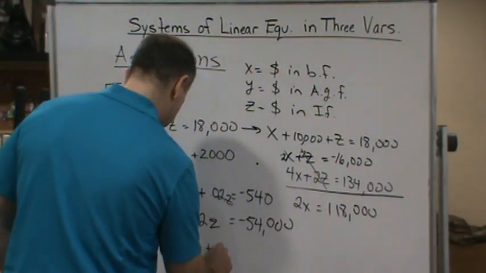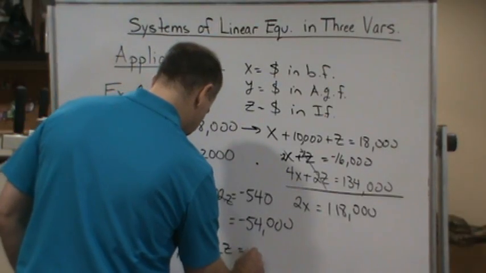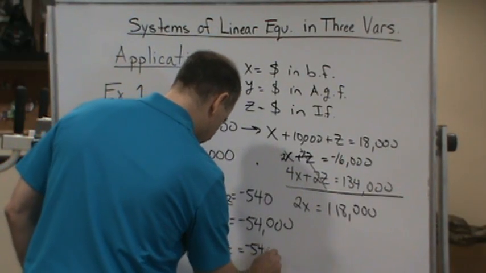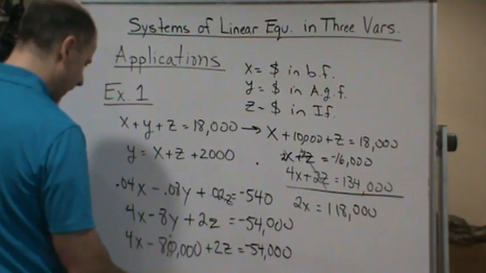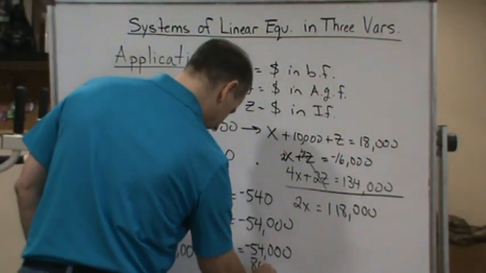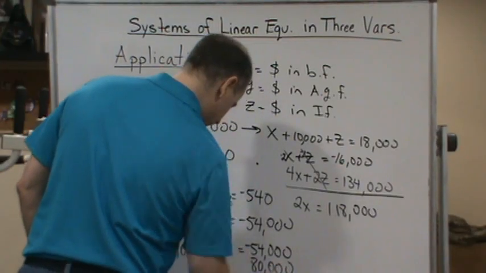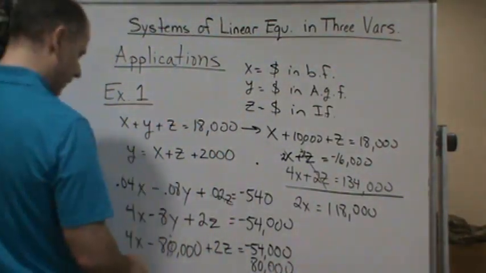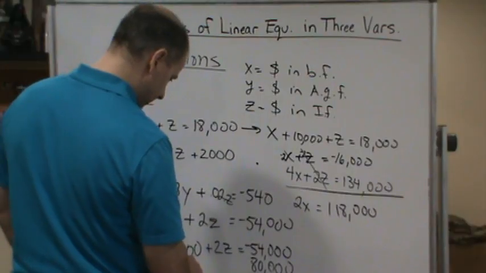Okay, plus 2z equals negative 54,000. And then if I add 80,000 to both sides, that's where I made my mistake. So this would be 80,000. That makes a lot of sense, right? And that makes a lot more sense now.